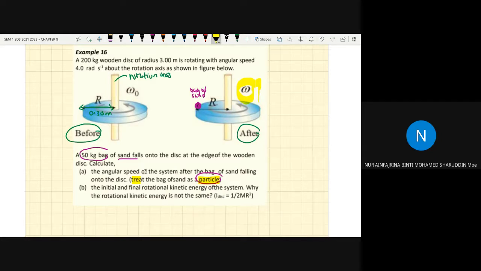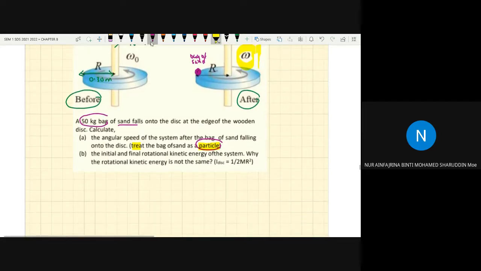So how do you tackle this question? Anyone ada idea tak? Anyone? Do you have any idea? Initial angular momentum and final angular momentum. Very good. So total angular momentum initial sama juga dengan total angular momentum final.